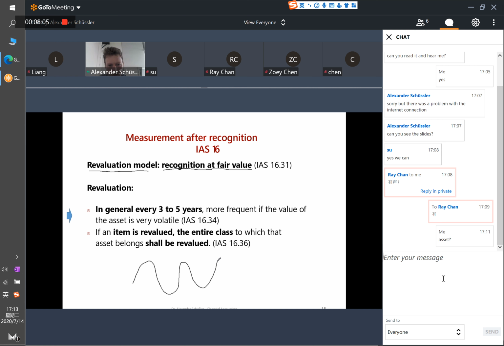And IFRS says, in general, every 3 to 5 years, but more frequently if the value of the asset is volatile. So what does volatile mean?